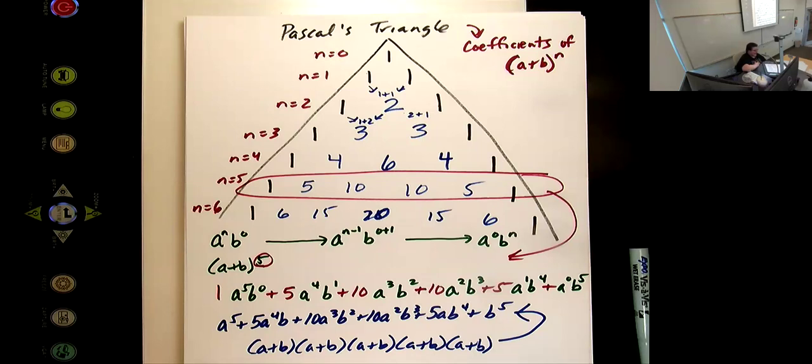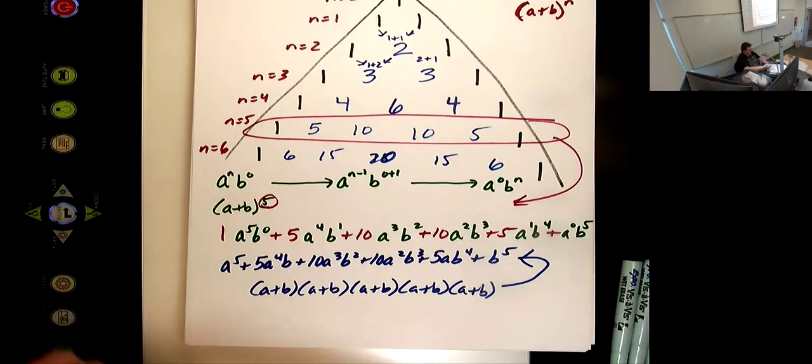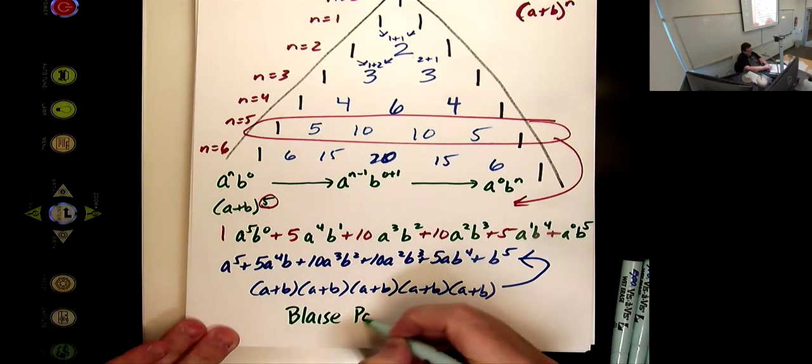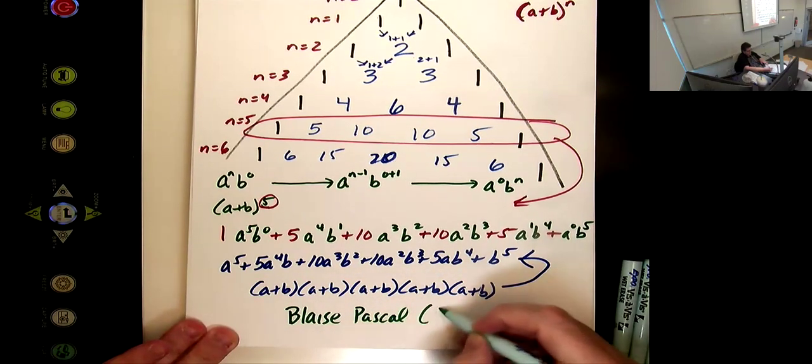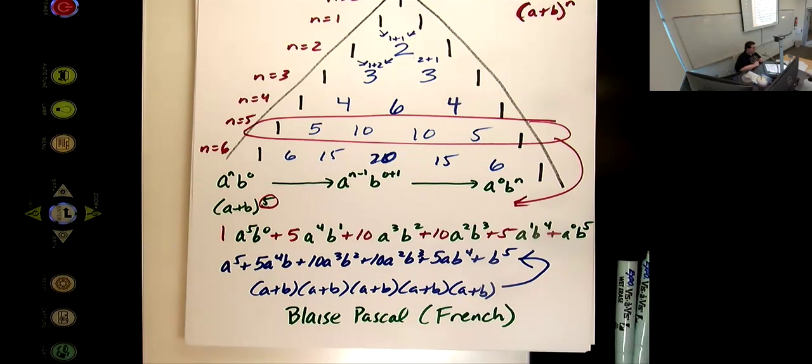Is there something like history behind it? So the guy that came up with it, his name was Blaise Pascal, he's French. I believe he's French. That's all I got. It was a long time ago.